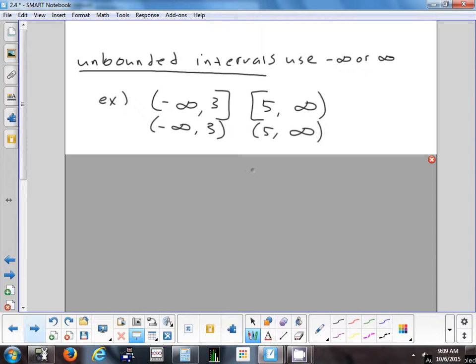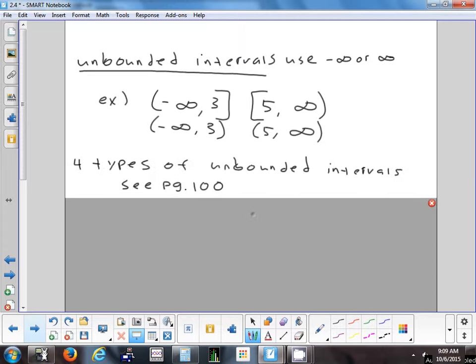The one below it is all numbers from 5 to infinity, not including 5. So like 5.000001 and on. These are unbounded because they use infinity. And those are the 4 types of unbounded intervals, and I put them right here for you.